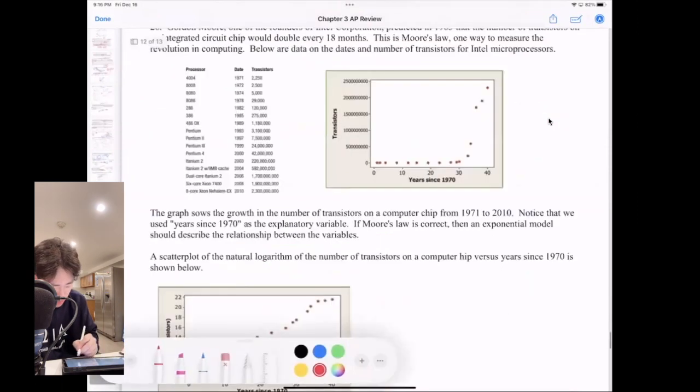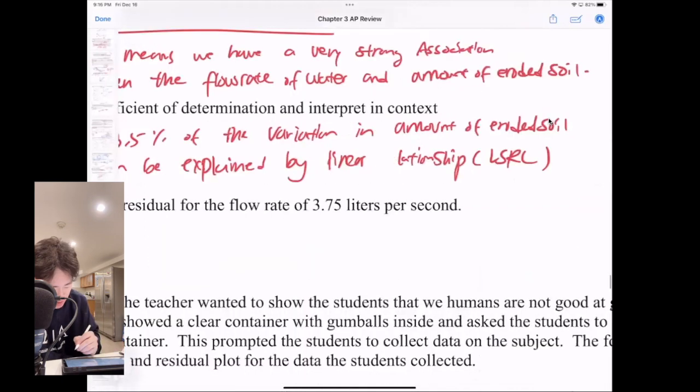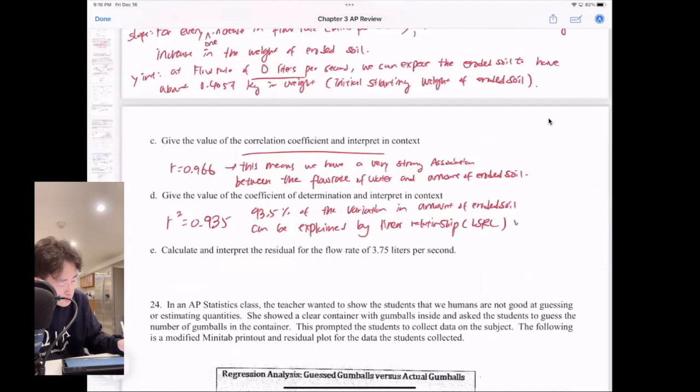Sorry, that's a terrible R for this one. So I'm going to go back to this. So that's by the linear relationship, or using the LSRL, with the explanatory variable in here, which is the flow rate in liters per second.